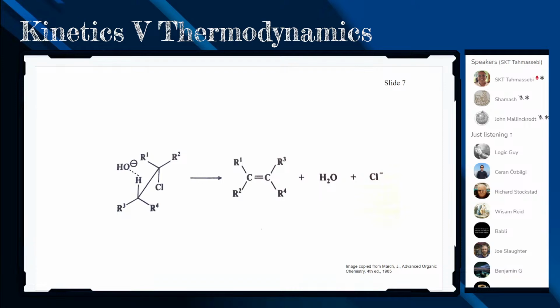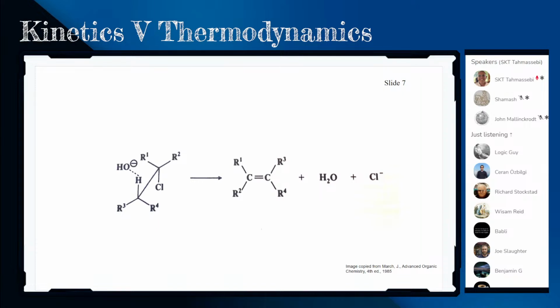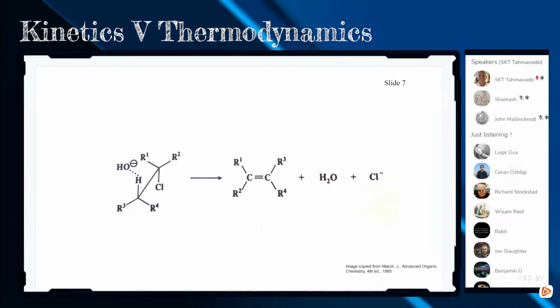You're going to end up with O dash line to H dash line to carbon, carbon solid line and dash line to the other carbon, carbon dash line to Cl. Okay, yeah, so that's kind of what I was thinking. Yeah, right.